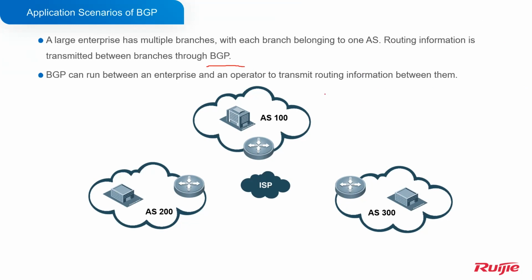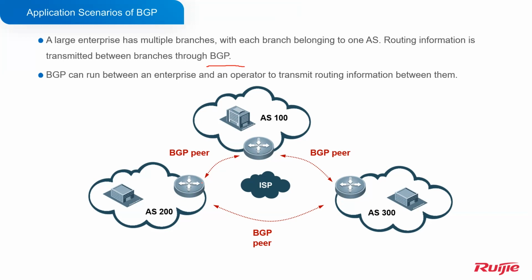And the BGP can run between one enterprise and one operator to transmit routing information between them. Like this topology, if we have 3 routers located in different branches, and between them we have the ISP to connect with each other, providing a physical link connection. Then between the 3 routers, actually this is a logical router. Actually, maybe you have more than 3 routers, and we will establish the BGP peer.